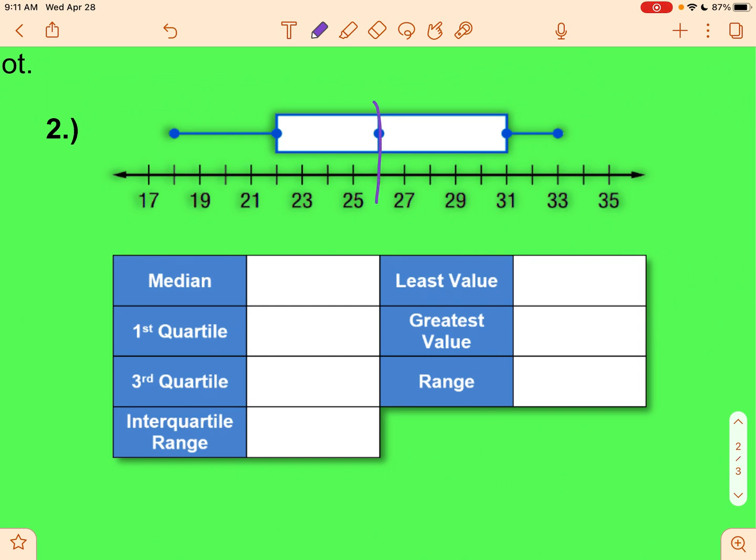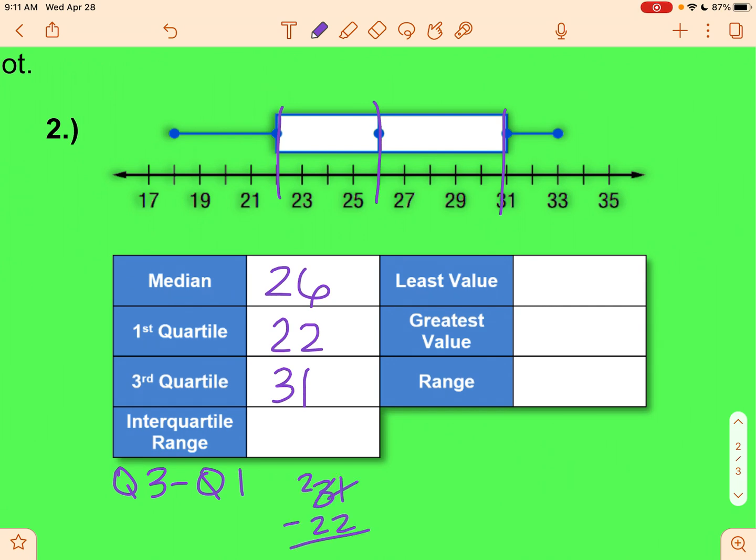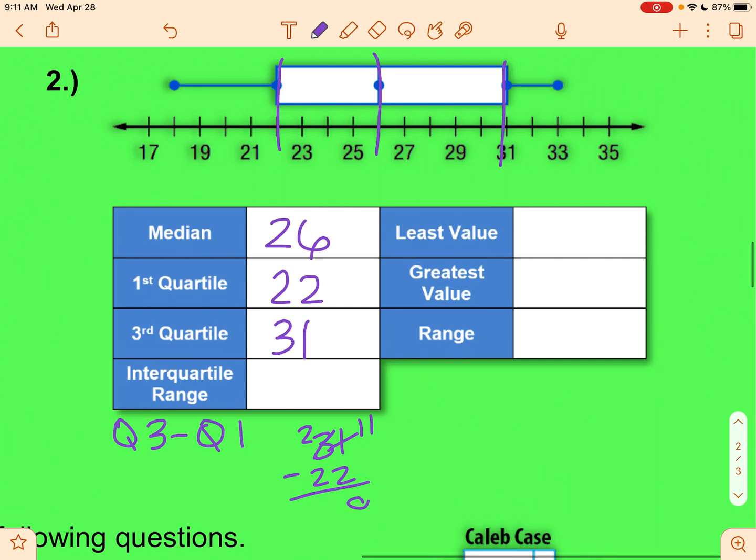Alright, so finding our median. Our median's the middle, so that is between 25 and 27, which is 26. Our first quartile is at 22. Our third quartile is at 31. The interquartile range, remember, is quartile 3 minus quartile 1, so we're taking 31 minus 22, which gives us 9.